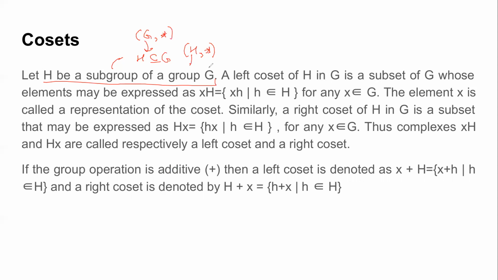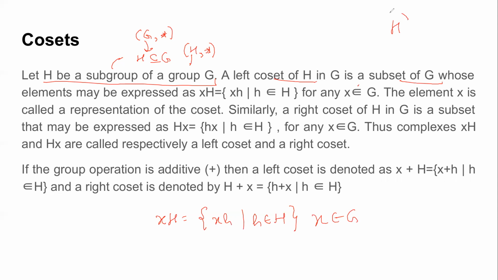Okay, so now if you know what a subgroup is and you assume that H is a subgroup, how do we define a coset? A left coset of H in G is basically a subset of all the elements which can be expressed as xh, such that h belongs to your set H, and x belongs to G. So what is basically a left coset?